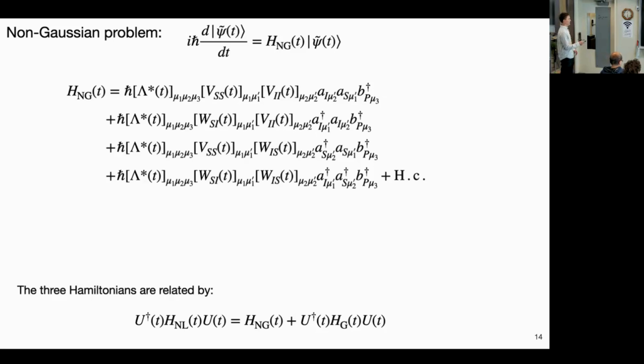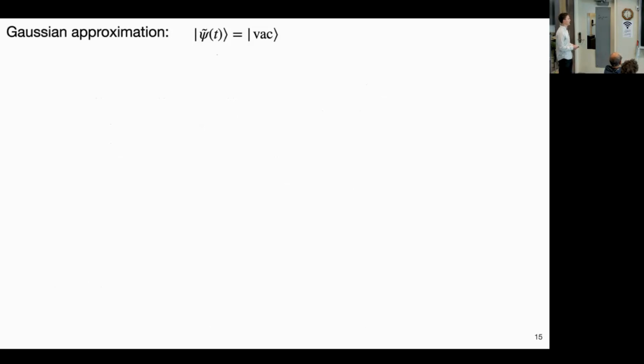Once we have this non-Gaussian Schrödinger equation, we can try numerical techniques to solve it. Okay, so the first thing I'll talk about is the Gaussian approximation, which is where we assume there's no correlation between the pump and the signal and idler, and that means the non-Gaussian ket is vacuum for all time.